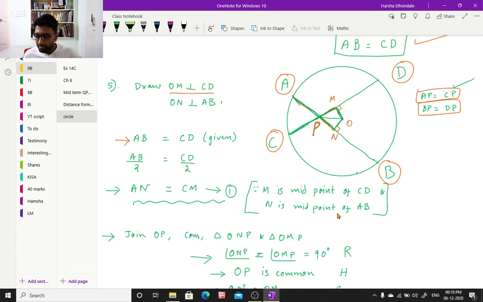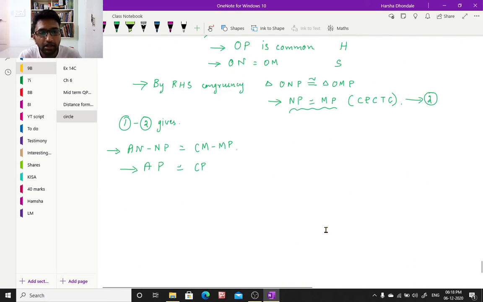Next, coming to the second part. For the second part, what I will do is add 1 and 2. Equation 1 plus equation 2 gives me AN plus NP is equal to CM plus MP.